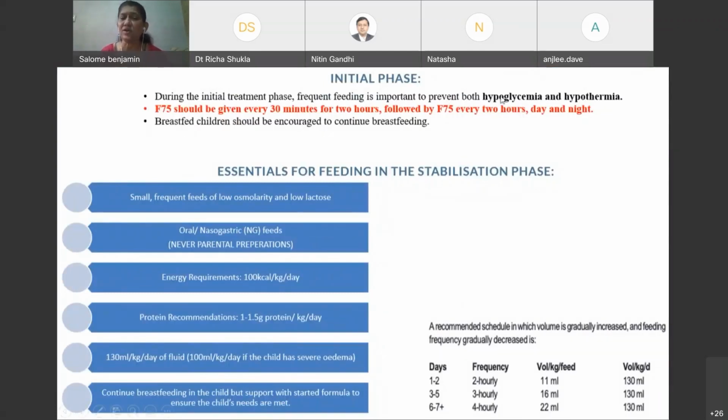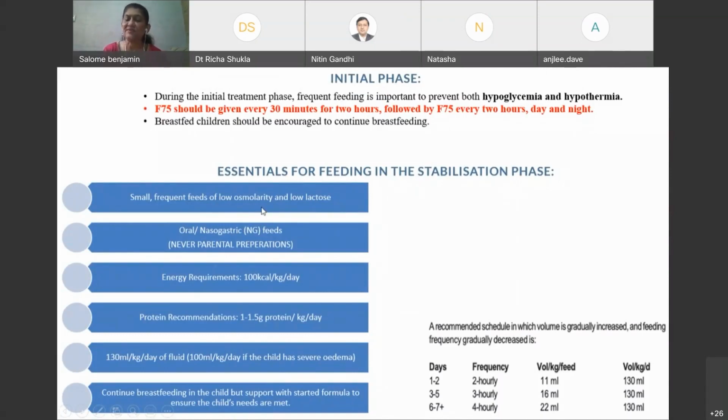After you have corrected hypoglycemia, hypothermia, hypoxia, dehydration, given F75, and corrected the electrolytes, then you will move up to the next phase. Remember small frequent feeds with low osmolarity and low lactose. They cannot tolerate lactose, plus they cannot tolerate high osmolarity of the feeds.